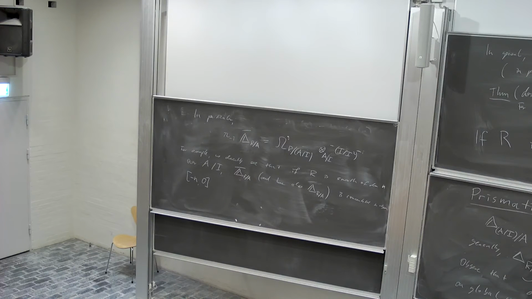This is basically measuring how divisible by my generator d does my element become when I apply this relative Frobenius.